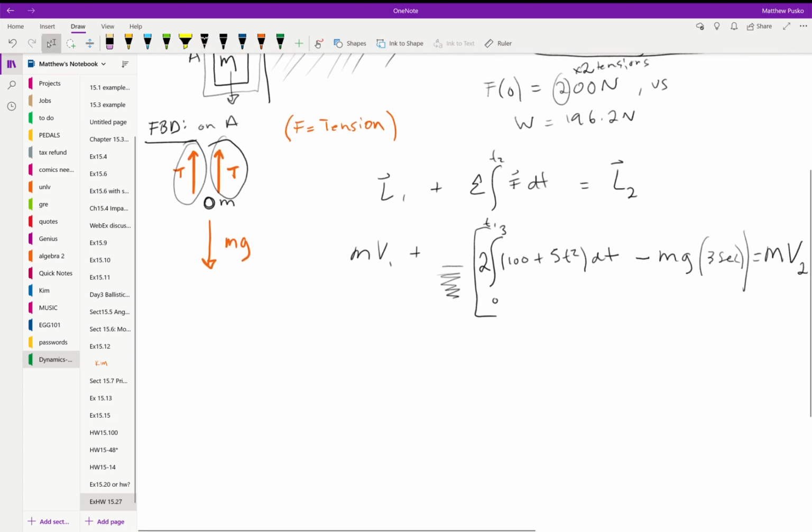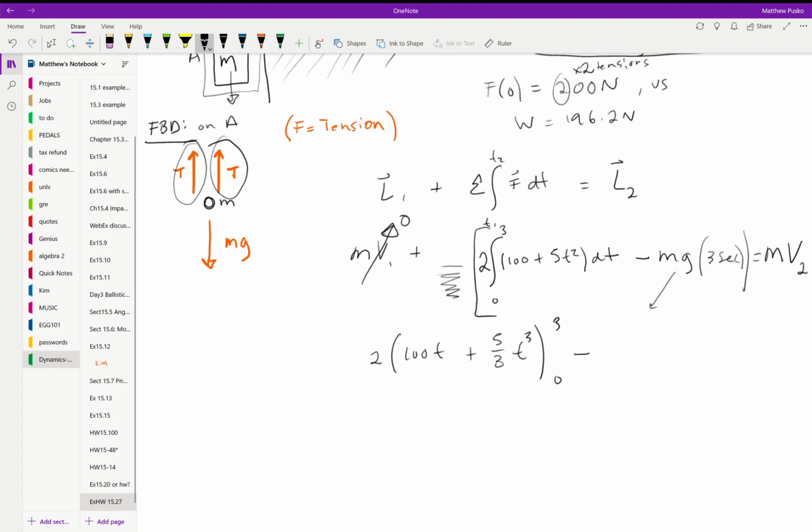Okay, I get this being 0, the initial momentum, because it started from rest, and then carrying through the integration, I get 100t plus 5/3 t to the third, and that needs to be evaluated from t equal to 0 to 3.